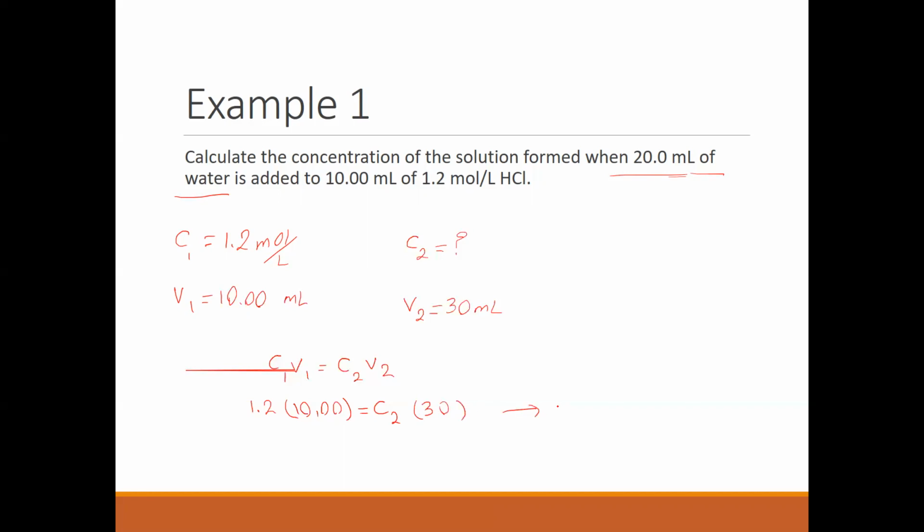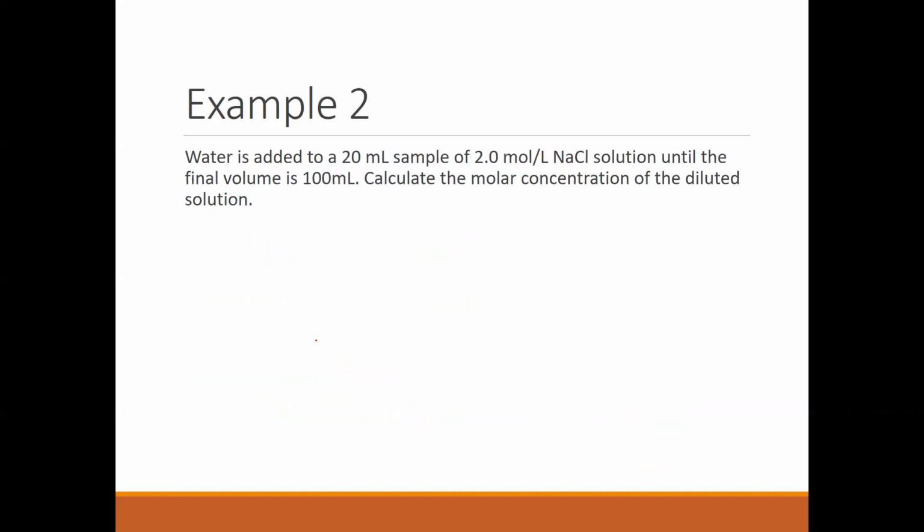As a result, C2 equals 1.2 times 10 divided by 30, which is 0.4 mole per liter. Okay, let's go through the second example.